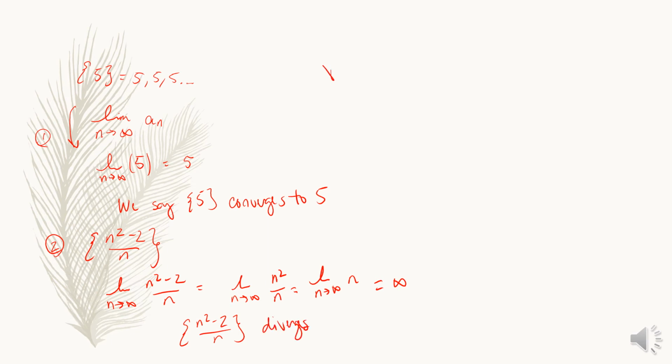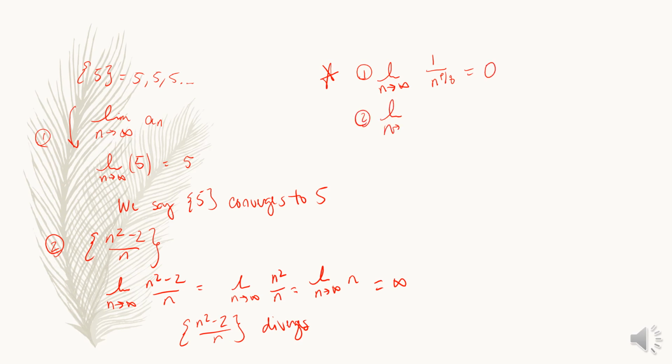Now you might have forgotten the rules here, and that's okay. The rules, there were really 3 of them, but we're only going to look at the positive infinity. So if I have the limit as n approaches infinity of 1 over n to some power, that's going to be 0.